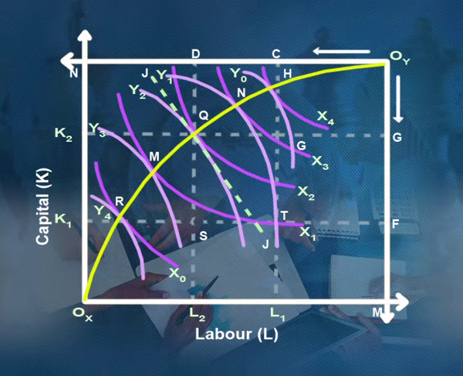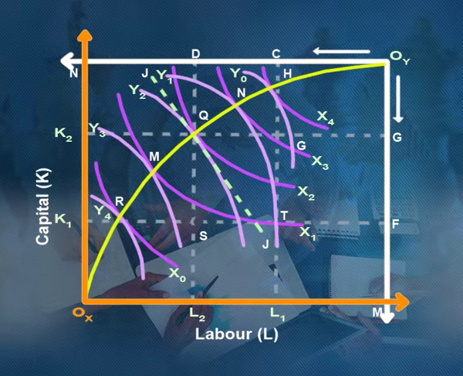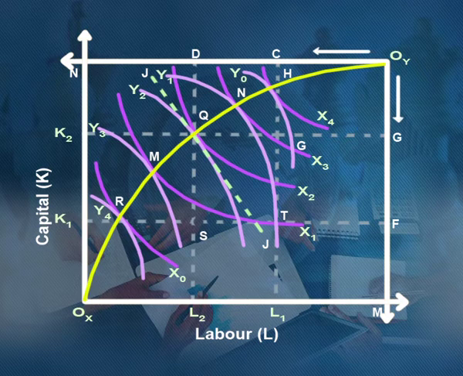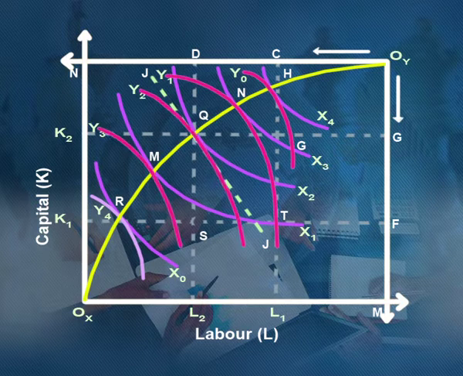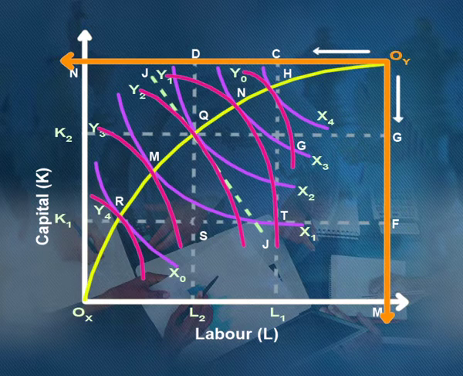For good X, the isoquants that represent successively higher levels of output are X0, X1, X2, X3, etc., with the bottom left hand corner OX as their origin. Similarly, for good Y, the isoquants that represent successively higher levels of output like Y0, Y1, Y2 and Y3 etc. are drawn with the top right hand corner OY as the origin.